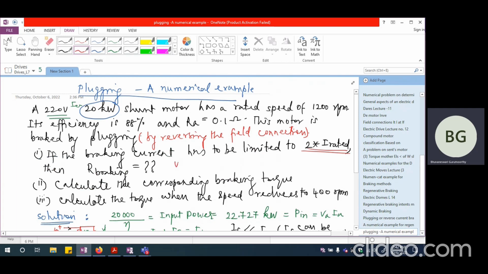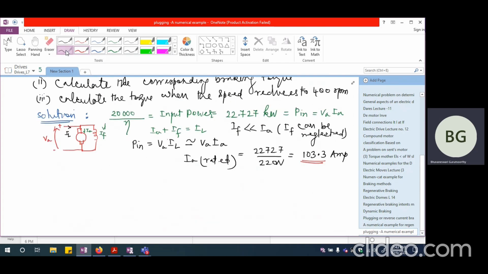So during plugging, I'm going to have VA plus EB as the total voltage. And the total voltage divided by the total resistance, that should not exceed this twice the rated value. That's what they're saying.